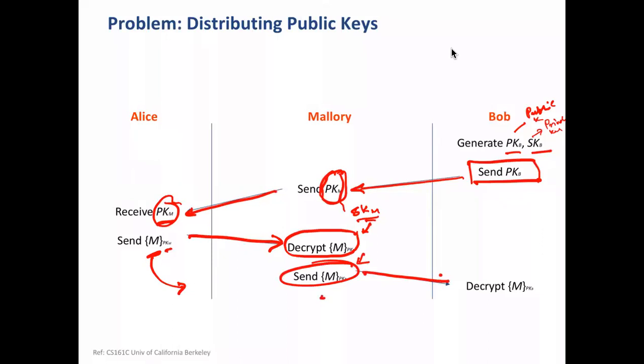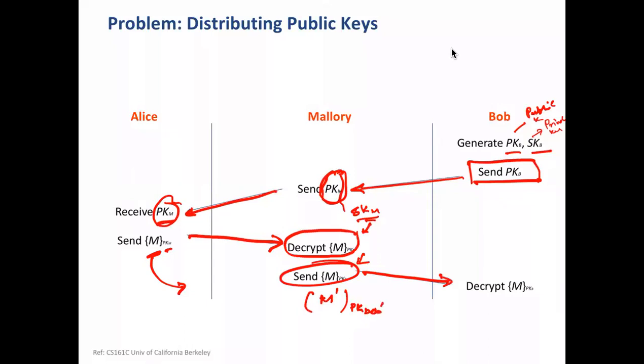Let's assume that she changes it to M dash, and then encrypts it with the public key of Bob, which she creates, which we'll call Bob dash or whatever, and sends it here.